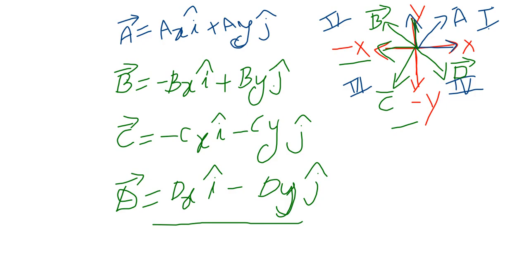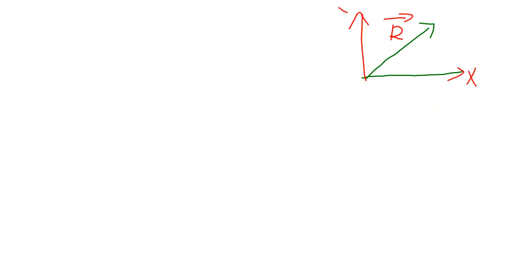Next one is a vector in space, represented with a point vector. This is x-axis, this is y-axis, this is z-axis.